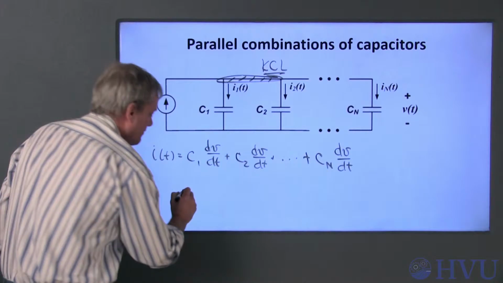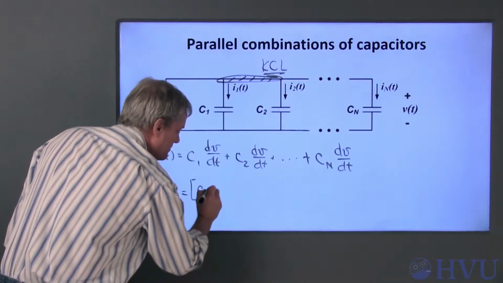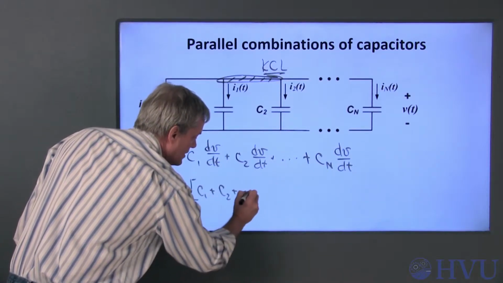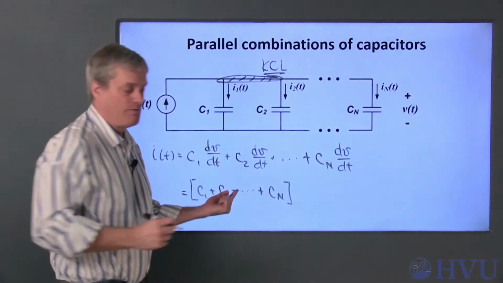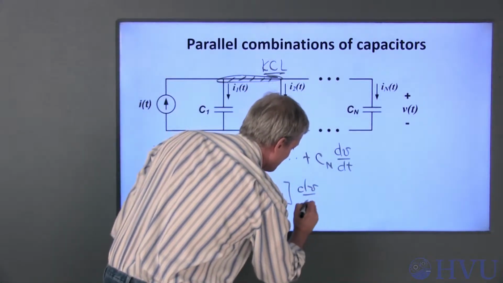I can pull out all of the C's. So this becomes C1 plus C2 plus all the other capacitances up to C sub n times the derivative of voltage with respect to time.